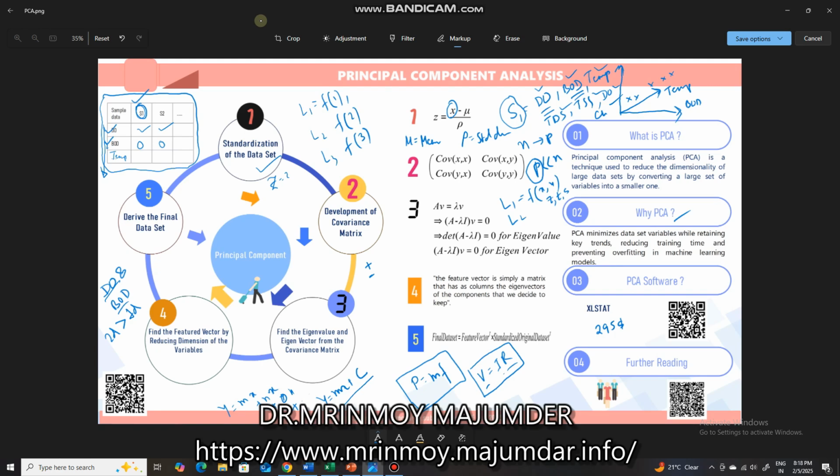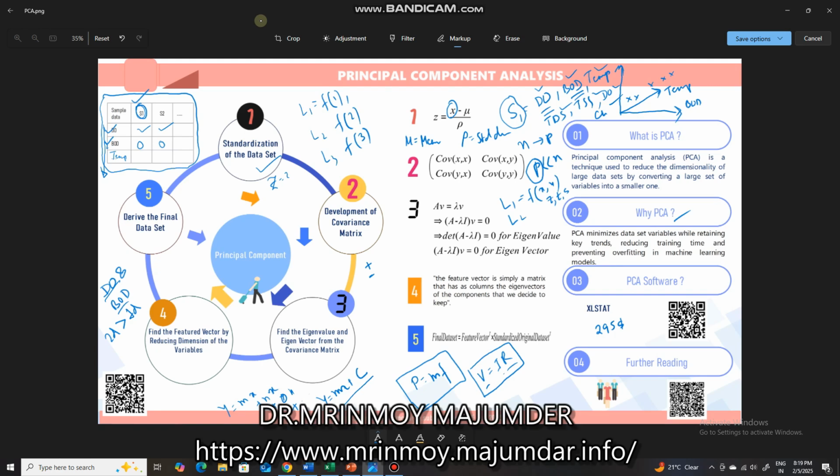Here only two dimensions are there, DO and BOD, x and y, so this is a 2D matrix. If there are 3, there will be a 3D matrix, if there are 4, a 4D matrix, and so on. Now, as you know, covariance of xx or covariance of yy is basically the variance. So covariance of x with x is the variance of x. That is well known to all of us.